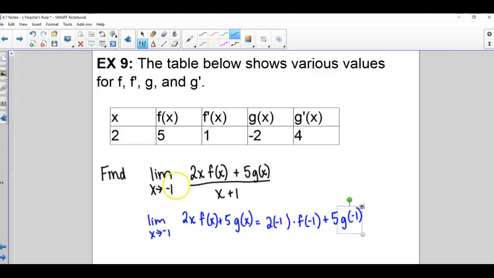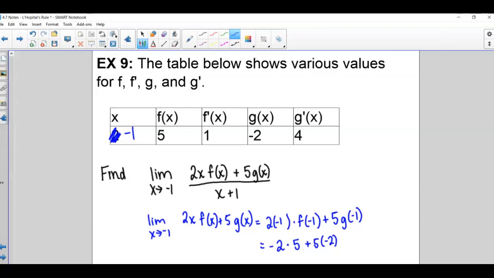Oh, and there's a mistake on this table right here. This x needs to be negative 1, because if it's not, it doesn't make any sense at all. And so if we do that, we've got negative 2 times f of negative 1. F of negative 1 is going to be 5, plus 5 times g of negative 1, which is negative 2.